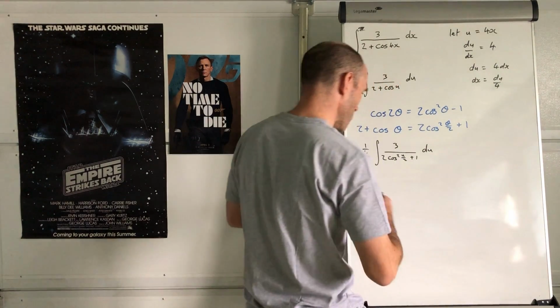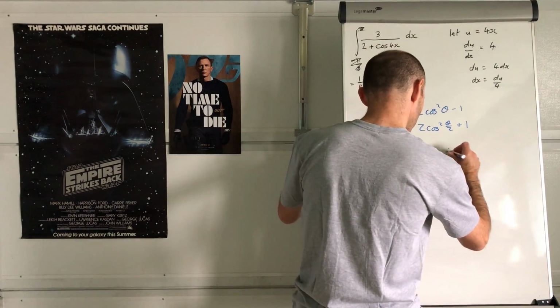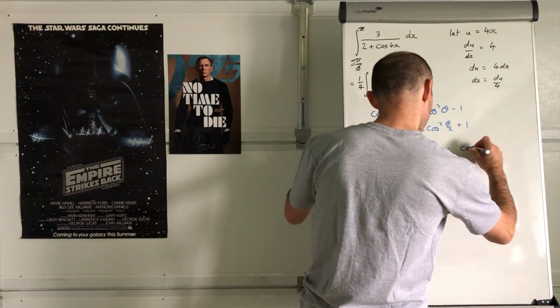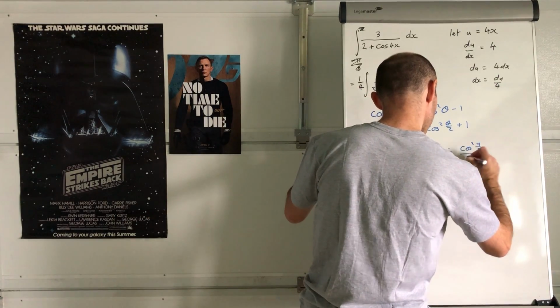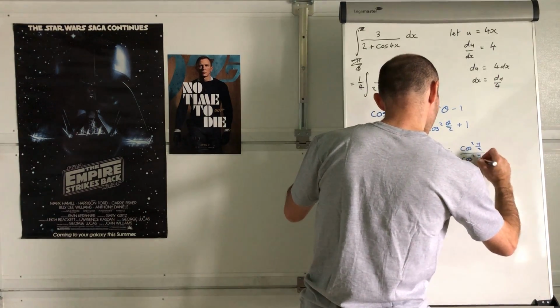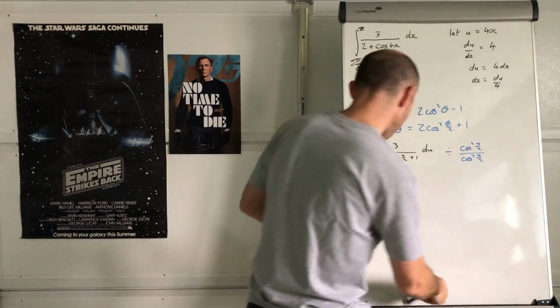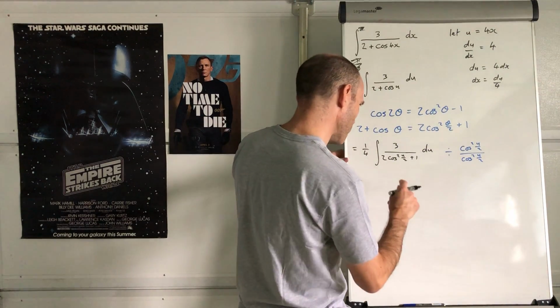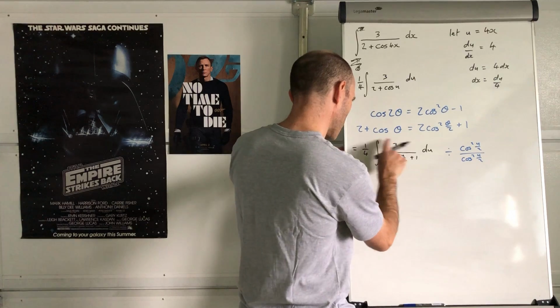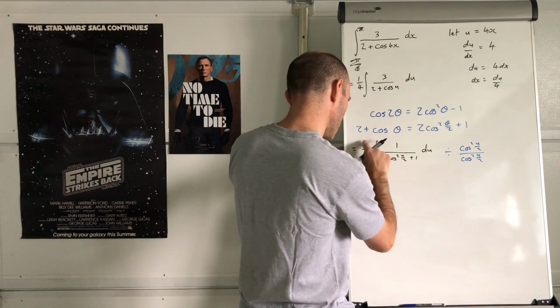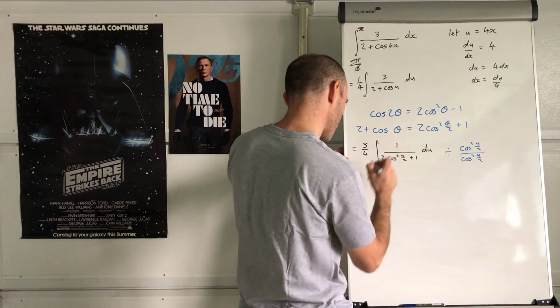So I'm writing it here in my working, okay? I'm going to divide top and bottom by cos squared u over 2, and we'll write down what we get. Keeping things simple, I'm going to put that 3 outside the bracket, okay?